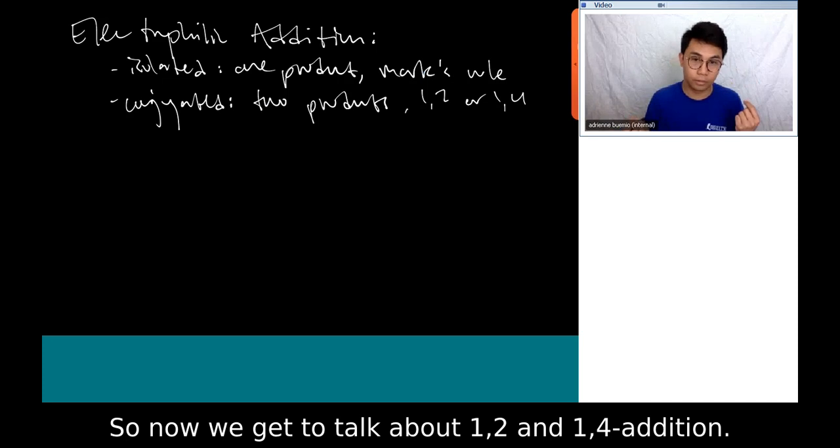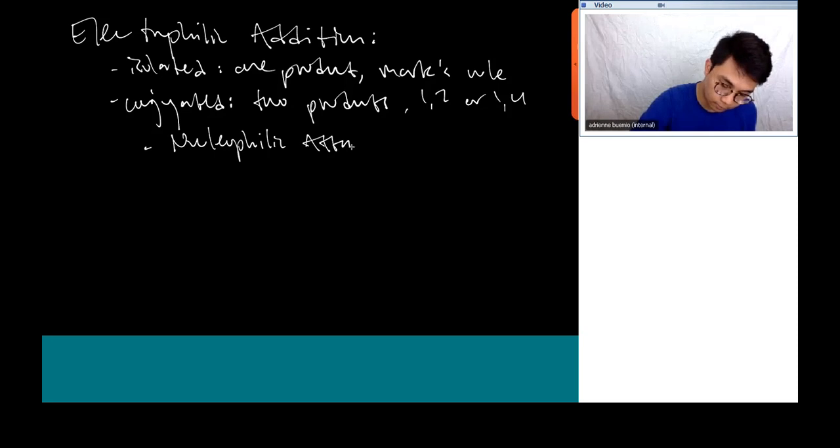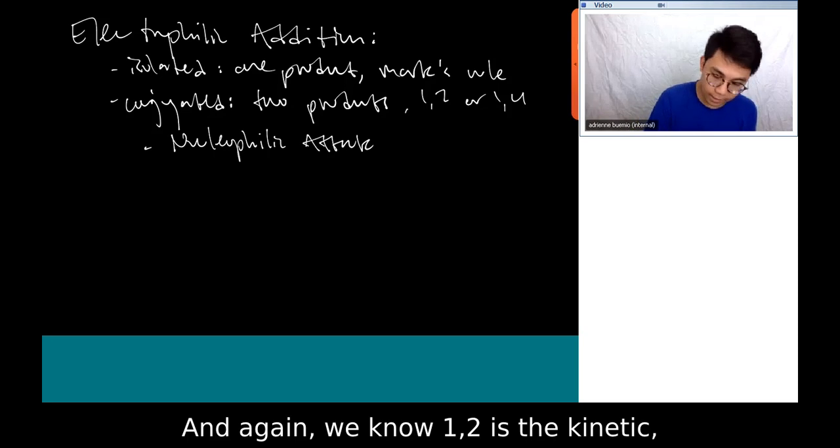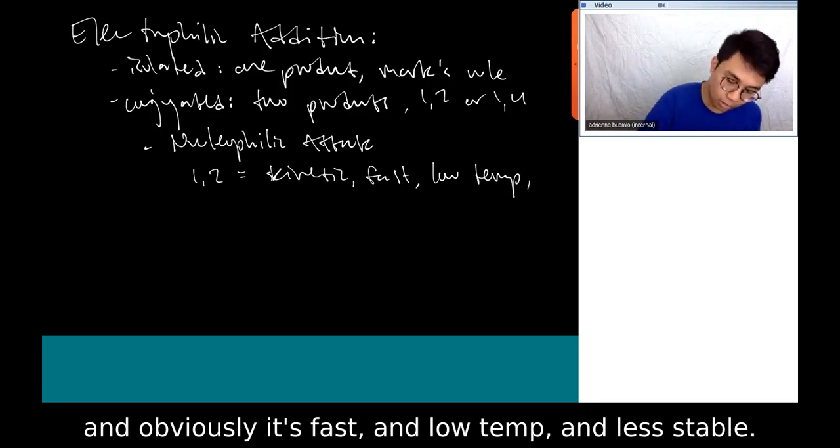Now we get to talk about 1,2 and 1,4 addition, and obviously these involve nucleophilic attack. Again, we know 1,2 is the kinetic product, and it's fast, low temperature, and less stable.